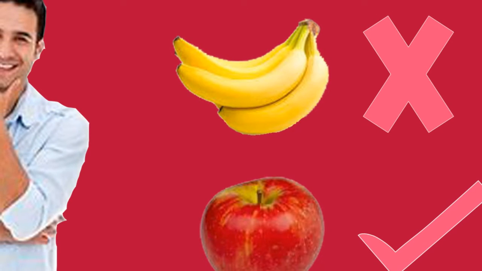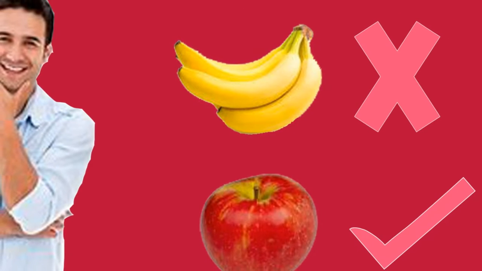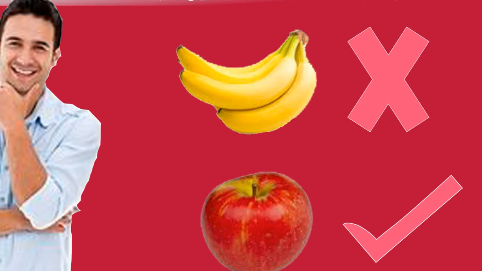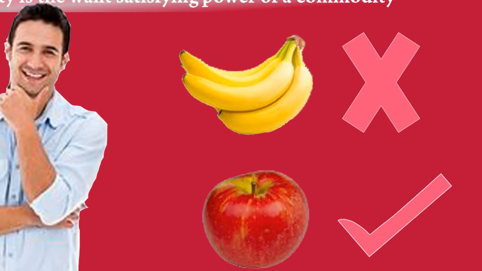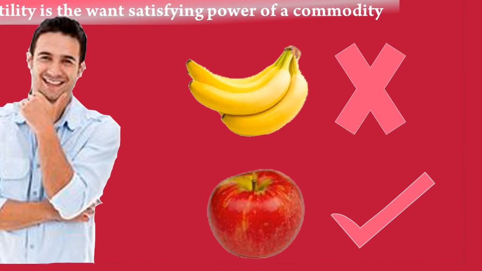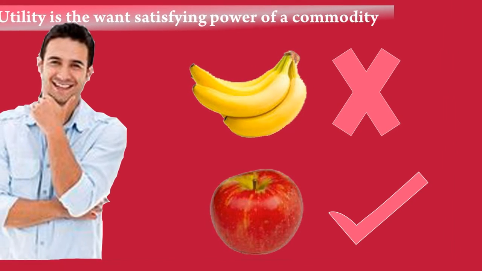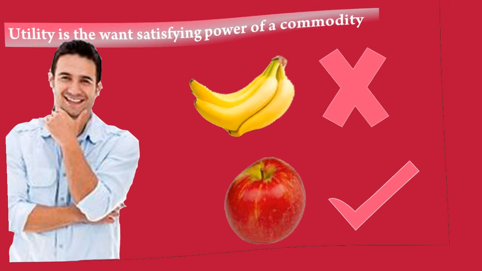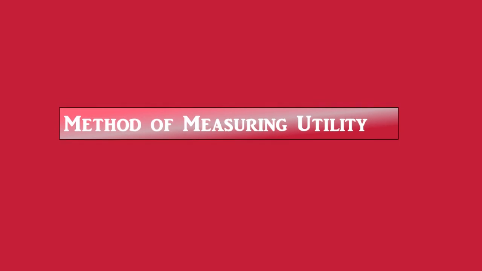Utility is a subjective concept. It is a kind of feeling a consumer develops towards a commodity. The level of utility cannot be measured, but cardinal analysts offer a technique to measure utility.